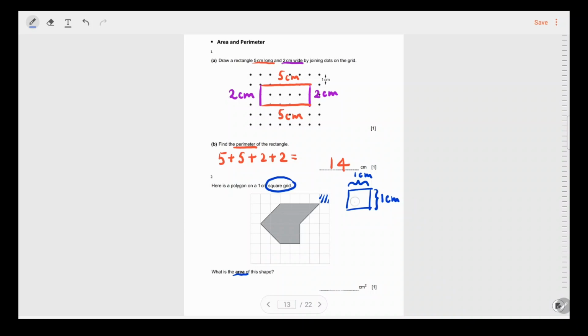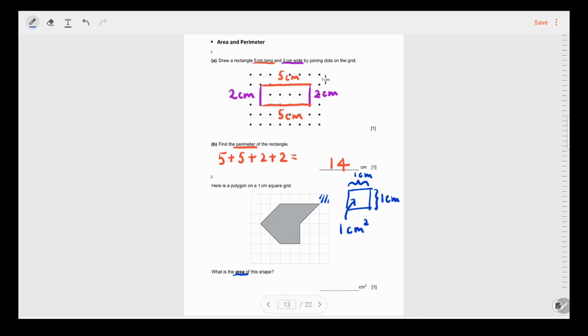So this means that the area of 1 square is 1 centimeter square, 1 times 1. So all we need to do in this case is to count the squares, and then we have our area.